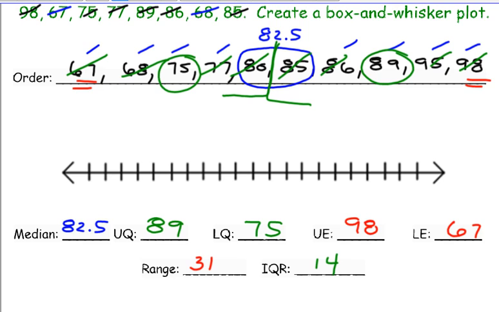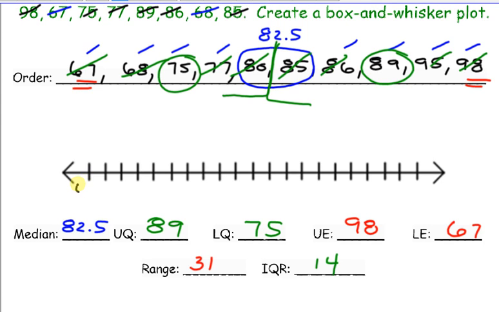Now I need to put this all on my number line. So I go from 67 to 98. And so I think I only have 30 tick marks, so I'm going to go by 2s. Let's try that. You could do this any way you want.